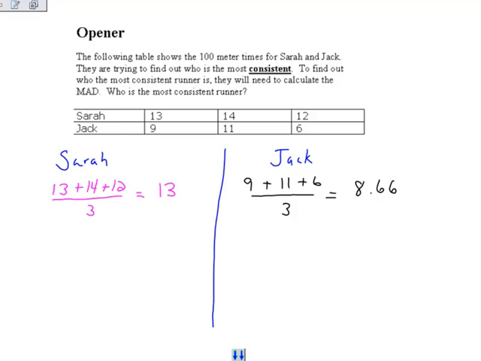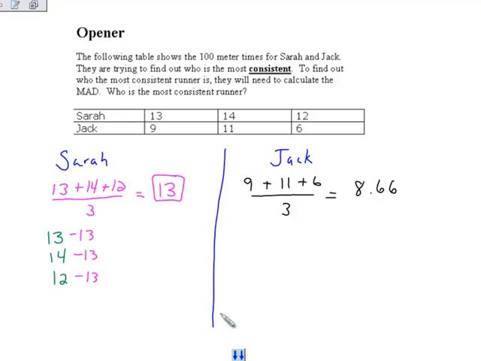So let's look at step number 2. Step number 2 says subtract the number you found in step 1 from each data point. So for every single data point for Sarah, we're going to subtract it from what we found in step 1, which was 13. Sarah's times were 13, 14, and 12. For each one of those, I'm going to subtract the mean that we found here. That's all that means for step number 2.